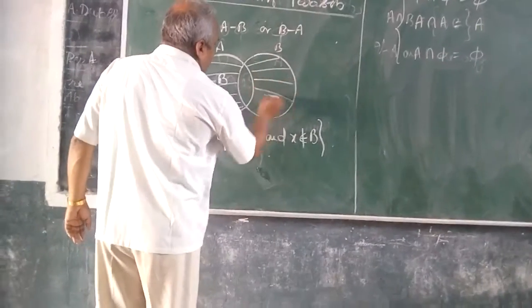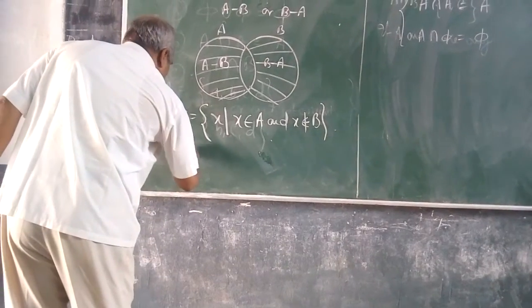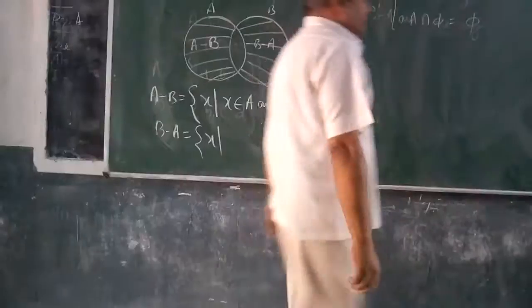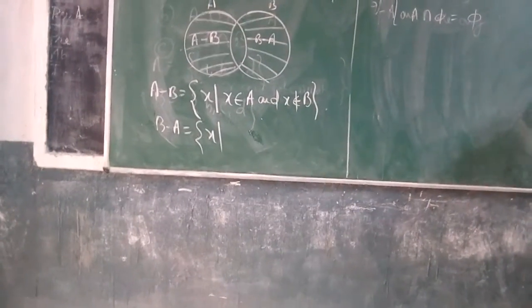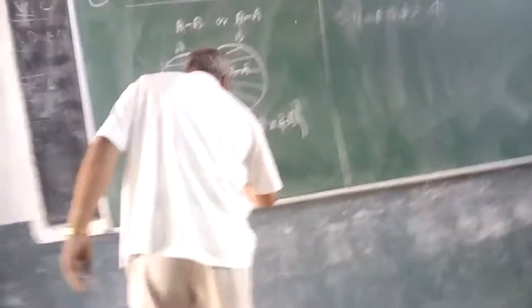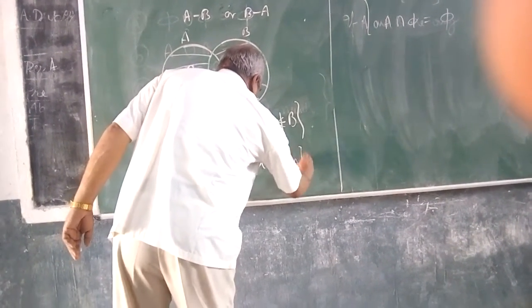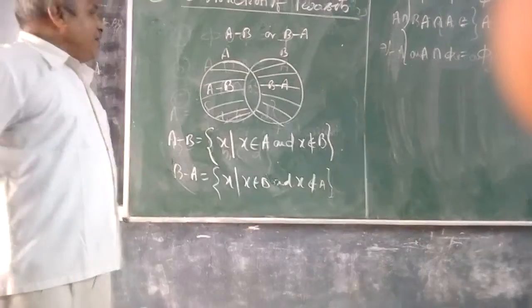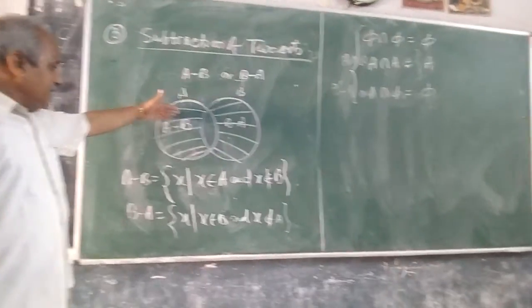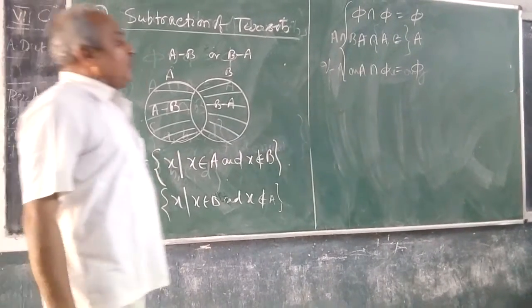This portion is B minus A. Then B minus A is a set whose element is x such that x belongs to B and x does not belong to A. This is A minus B or B minus A. This is the Venn diagram representation, and it is the definition in set builder form.